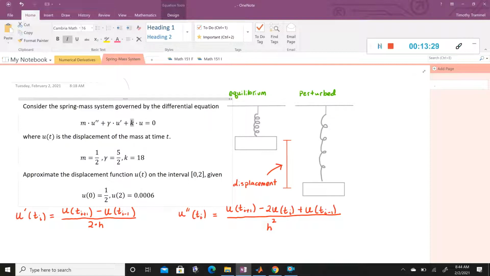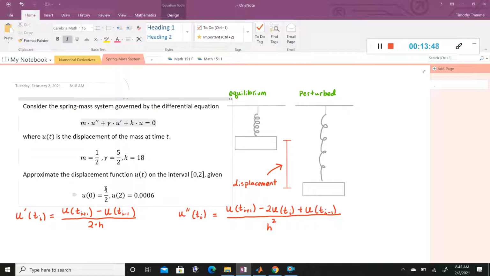And gamma is the damping constant. This has to do with kind of slowing down the spring mass system. All right, and we're given a couple conditions.